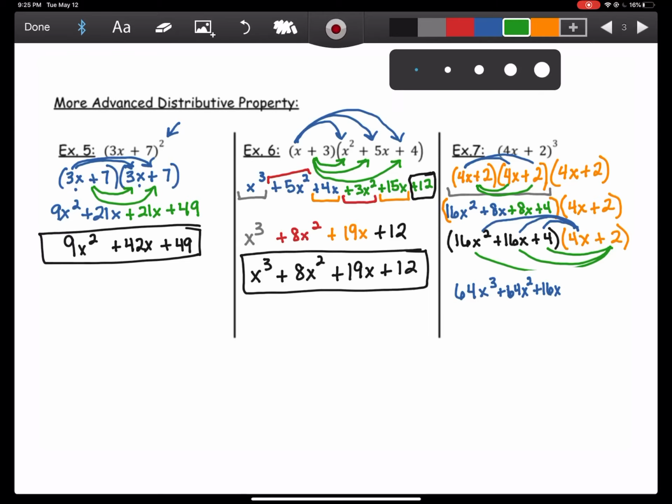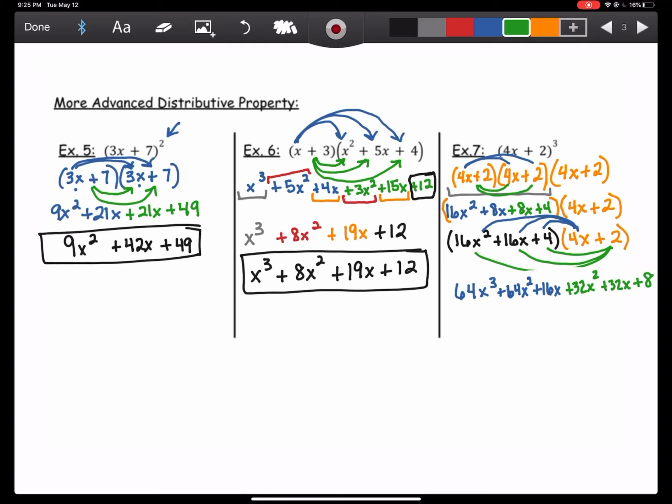Might be just what we need here. So 2 is going to multiply 16x squared, and we get positive 32x squared. And then 2 is going to multiply positive 16x, and we get positive 32x. And then one more time, 2 is going to multiply 4. They're both positives, and we get 8. That was just enough space.